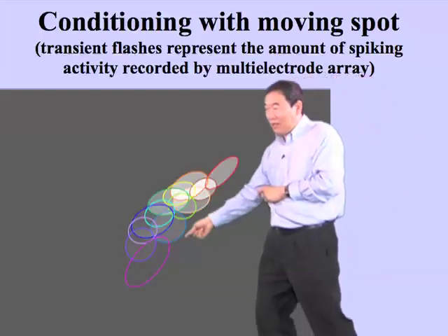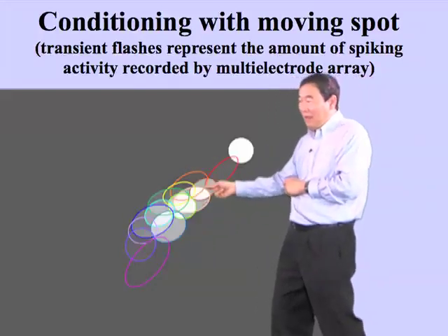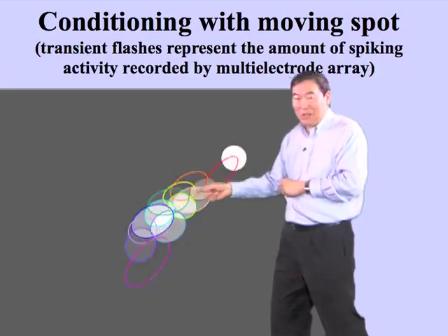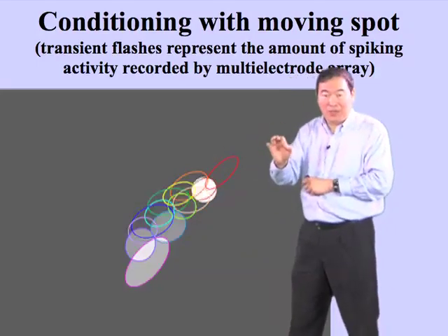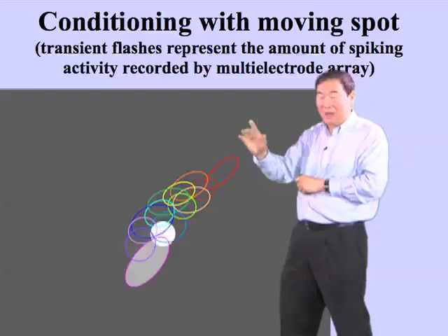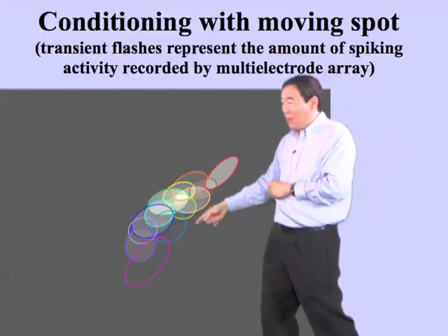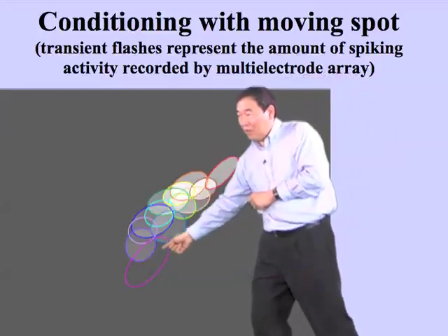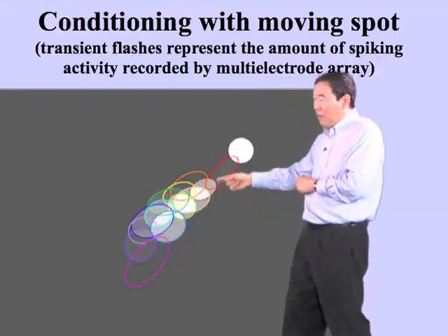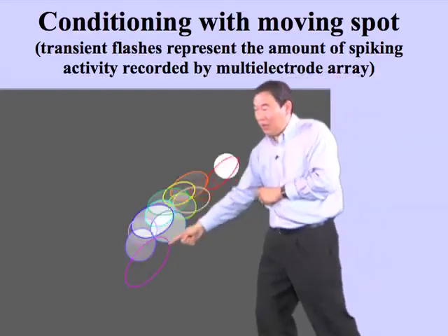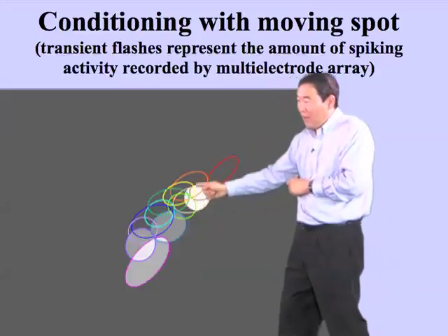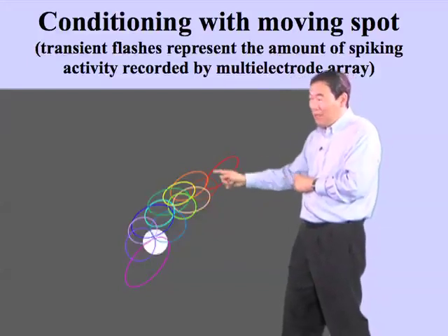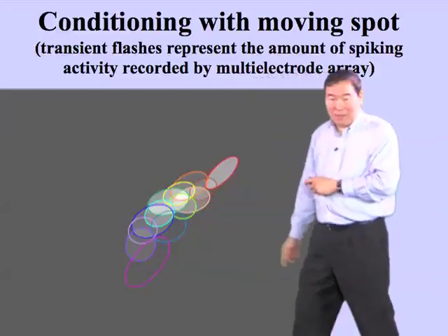You see these flashes of activity. The white flashes are proportional to the spiking of the cell. We converted that spiking into flashes, right? So a sweeping spot going from the starting point to the end point triggers sequential spiking of cells that have receptive fields along this path.